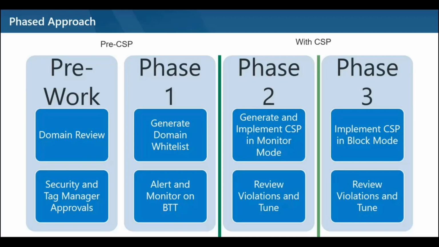All right, so the next phase, phase 2, we're going to move into the CSP, and essentially you're going to just drop that domain whitelist into a CSP. Now, you may be wondering why we're focused on domains instead of files and content at the file level.